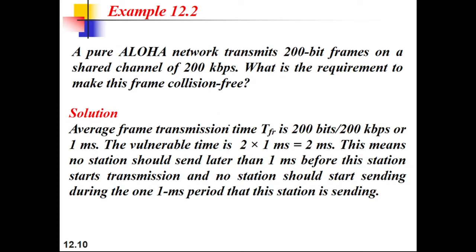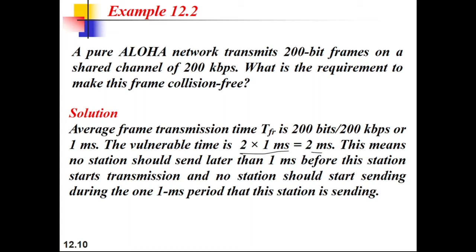The average transmission time TFR is 200 bits divided by 200 kbps, which is 1 millisecond. So the vulnerable time is 2 × 1 millisecond, so 2 ms. This means no station should send later than 1 ms before the station starts transmission, and no station should start sending during the 1 millisecond period that the station is sending. So every station has to wait for this 2 milliseconds.